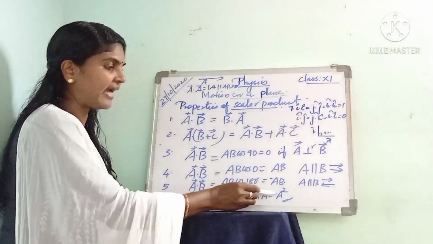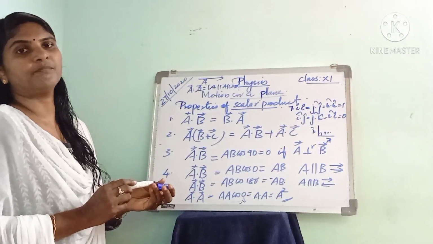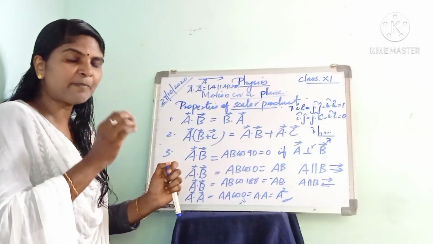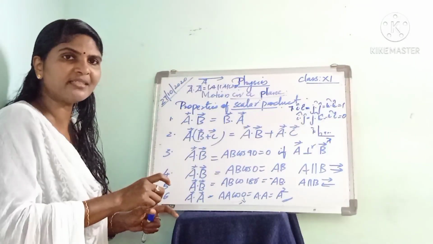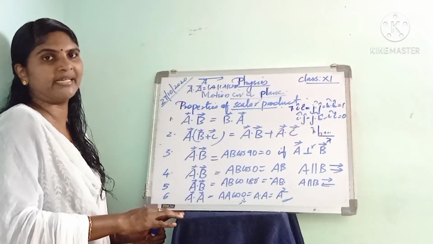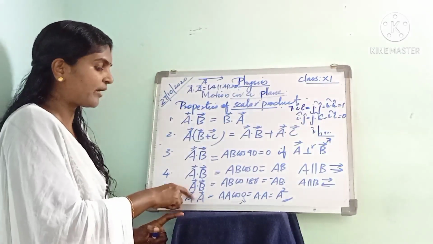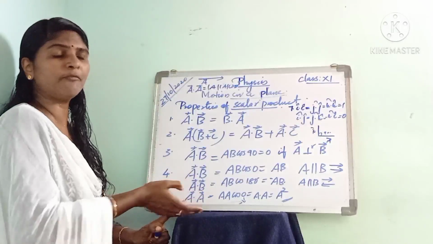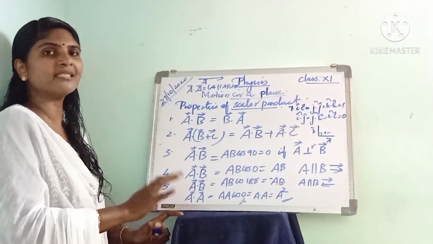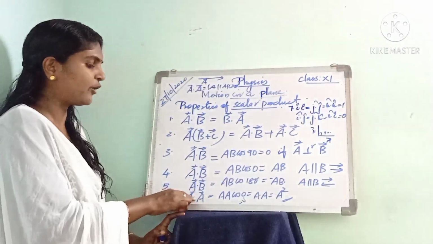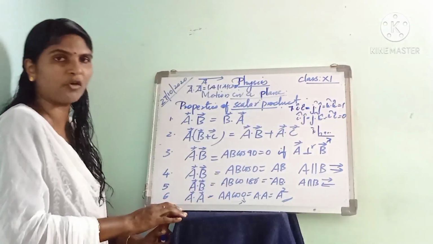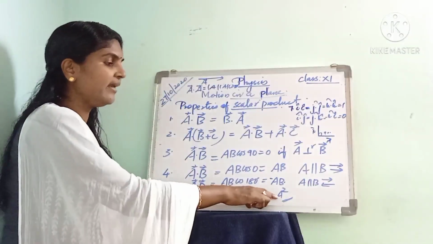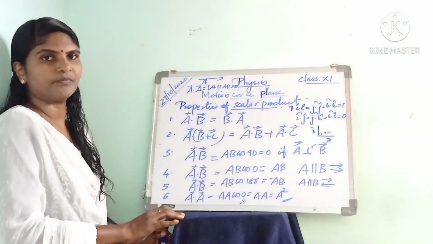Then A into A is A square. So the scalar product of a vector with itself is the square of the magnitude of that vector. So A dot A is A square.